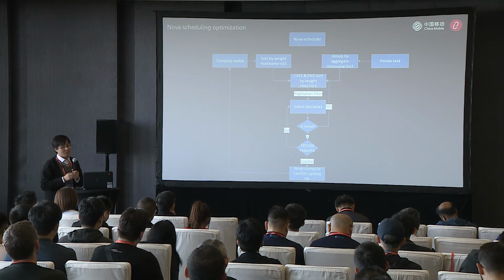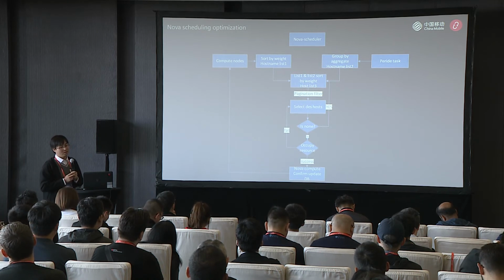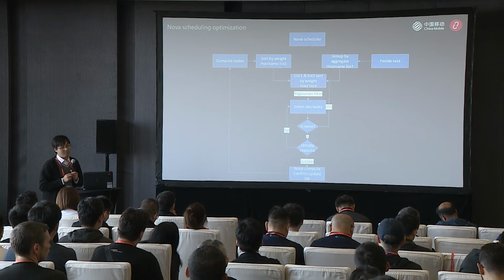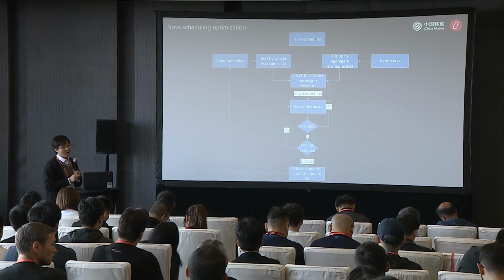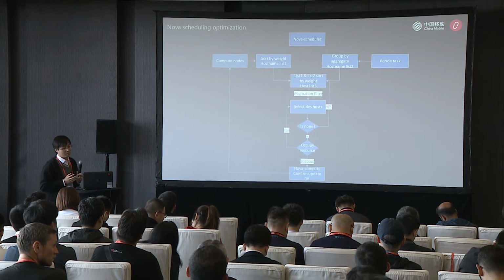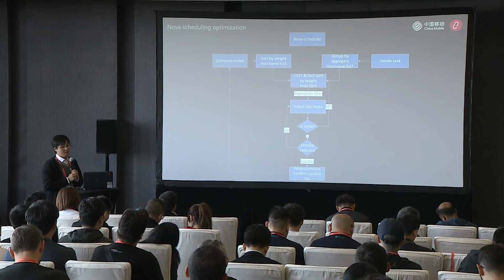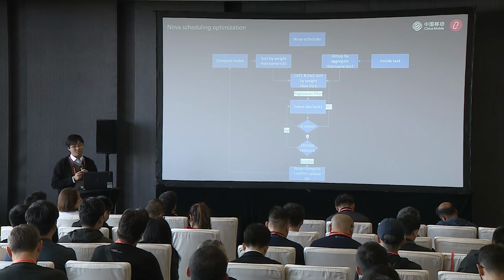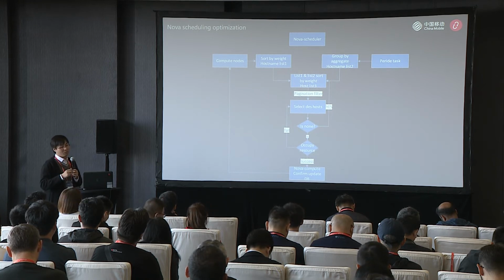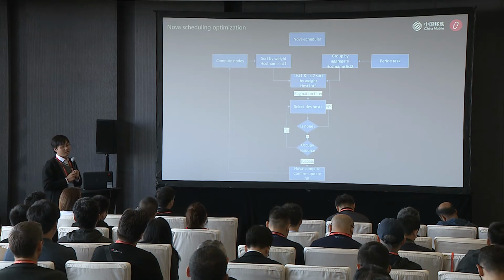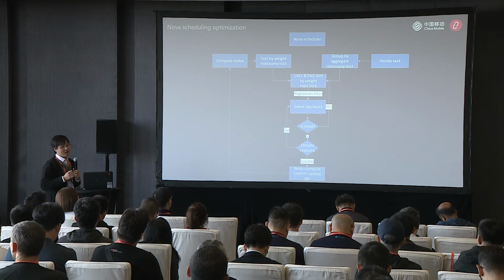So we considered: can we maintain a weight value for every host, then order all hosts by weight and divide these hosts into several groups by the weight values? Then when we filter hosts, we do not filter all hosts directly. We can filter the hosts group by group.